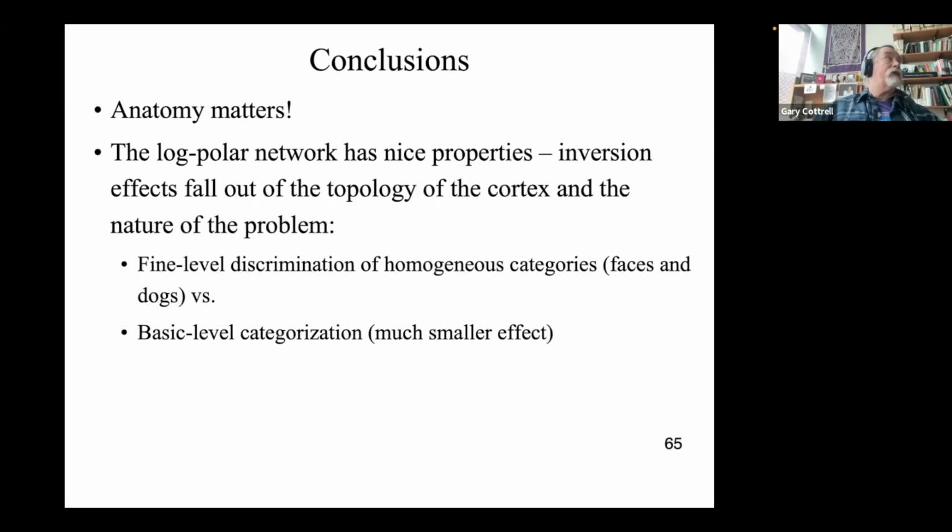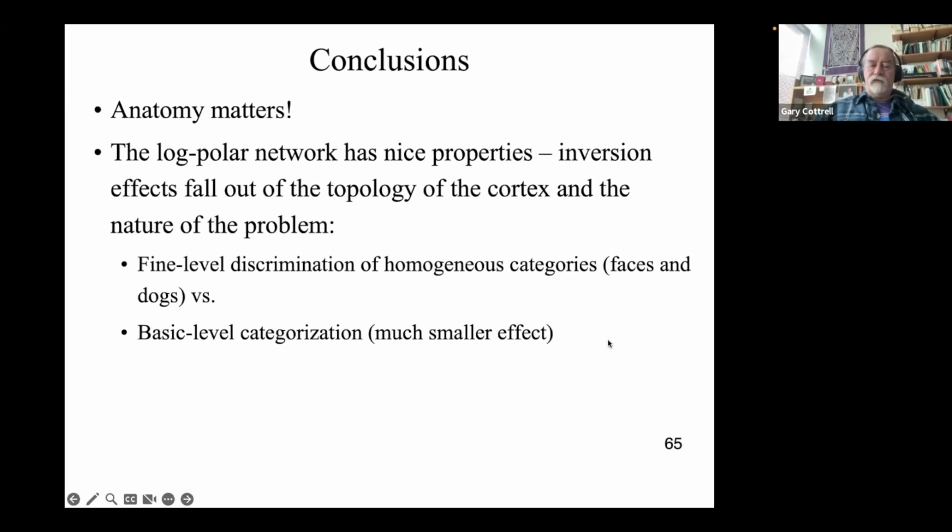So I went through this faster than I expected, but anatomy matters. The log polar network has these nice properties of inversion effects that fall out of the topology of the cortex and the nature of the problem. So fine level discrimination of homogeneous categories versus basic level categorization shows a much smaller effect.